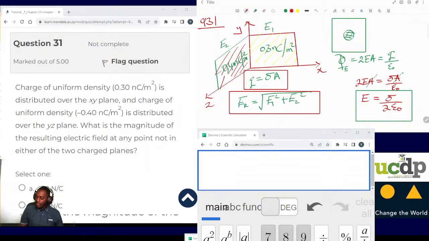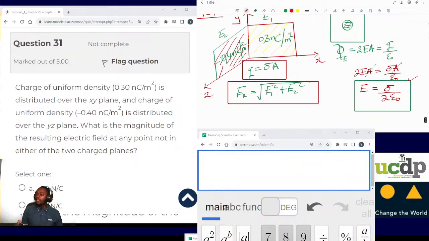This is the formula to calculate your E1. That's the very same formula again to calculate your E2. So now let's solve E1 and E2, and then we find the contribution of the resultant of the two electric fields. Could there be any questions at this point?